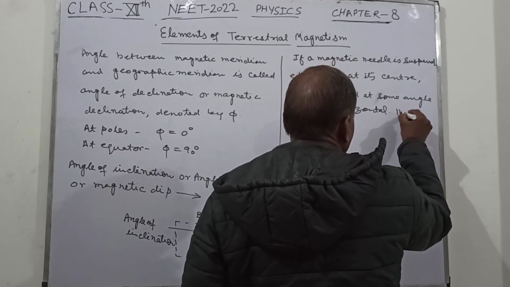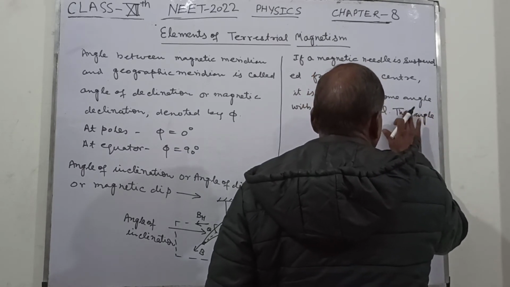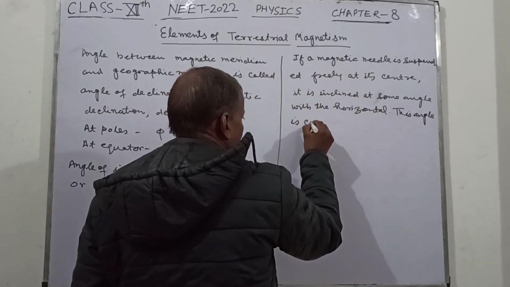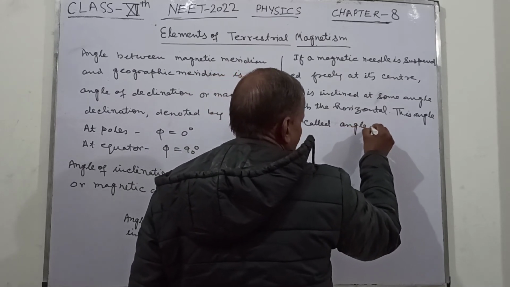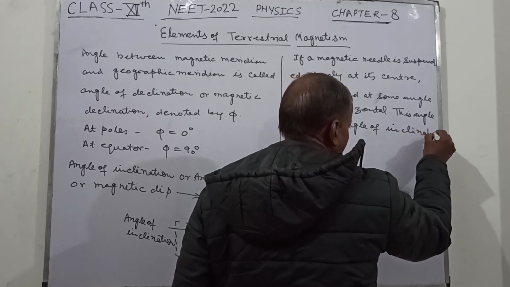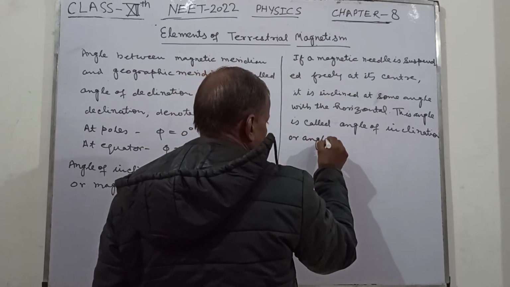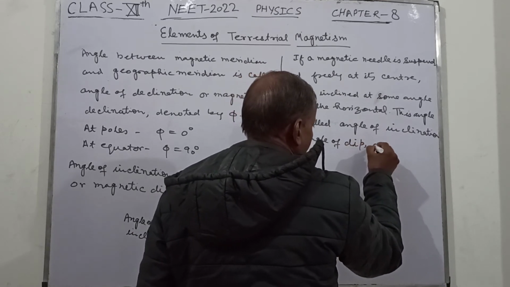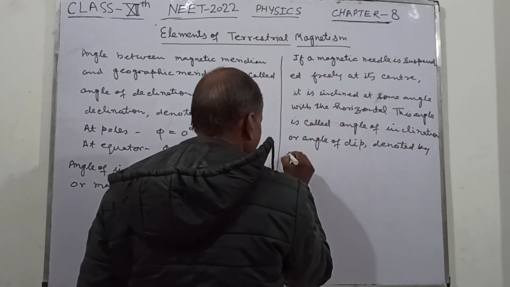This angle is called the angle of inclination, or angle of dip, denoted by theta.